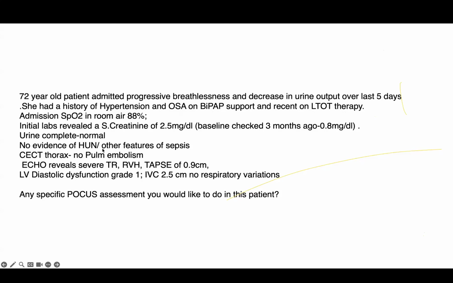There was no evidence of hydronephrosis or other features of sepsis. CECT showed no pulmonary embolism. Echo revealed severe TR, RVH, TAPSE of 0.9, and LV diastolic dysfunction grade 1. IVC was 2.5 centimeters with no respiratory variations. Any focused assessment you would like to do in this patient?